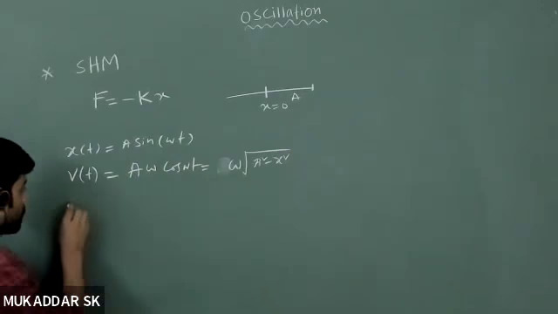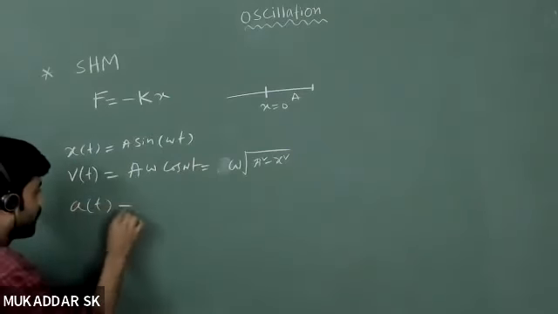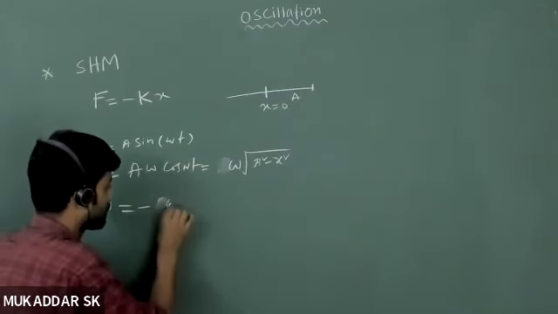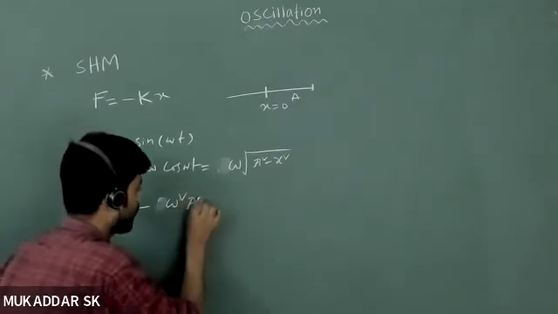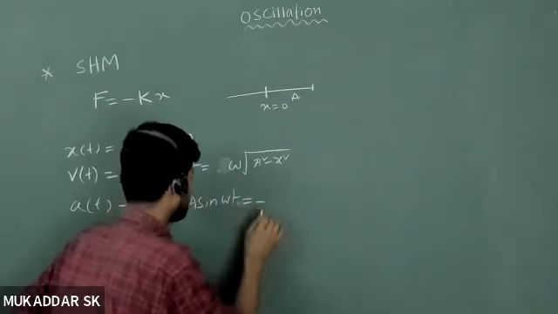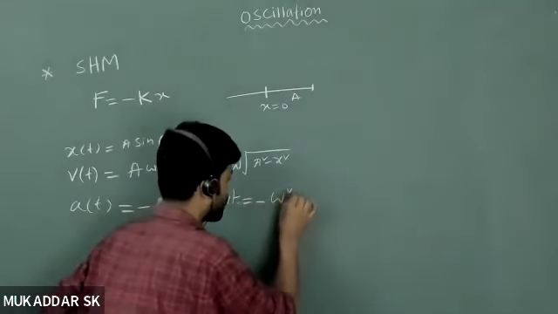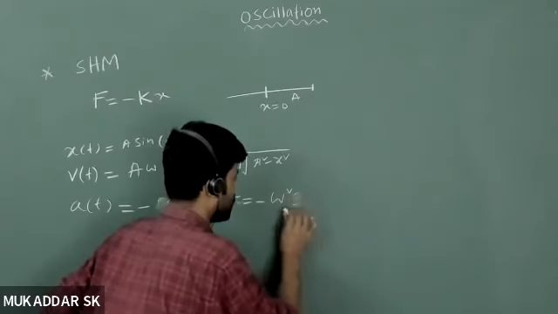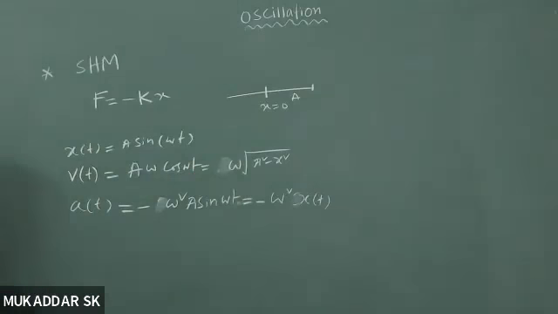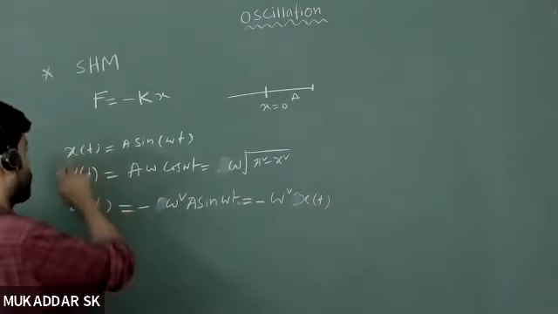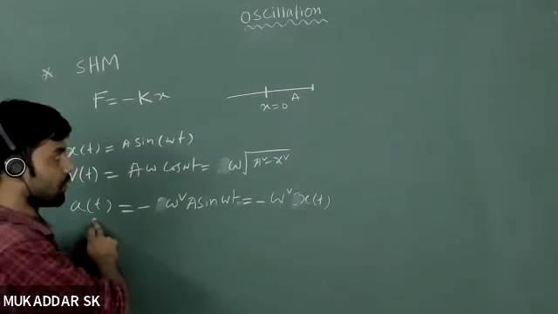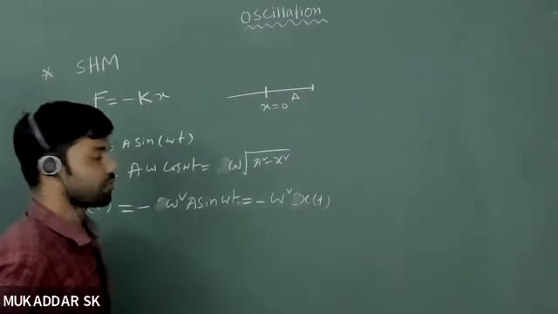Acceleration is also a function of time, and that was minus omega square x, or you can write omega square a sine of omega t, equals minus omega square x of t. Now my plan is to plot this displacement, velocity, and acceleration as a function of time.